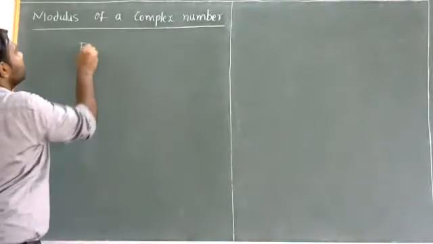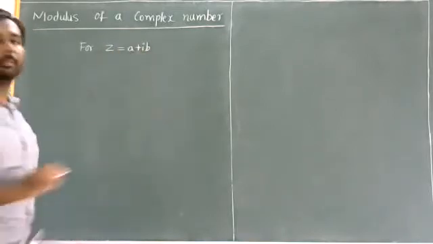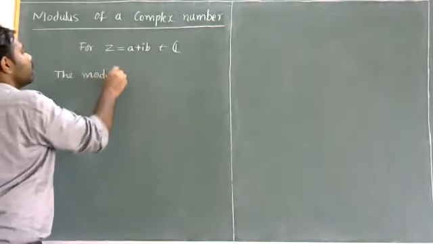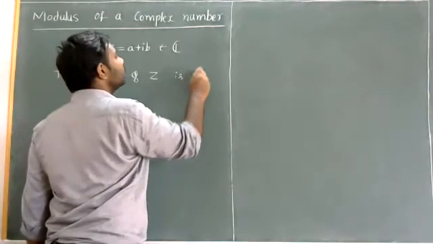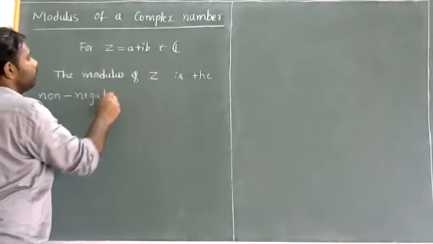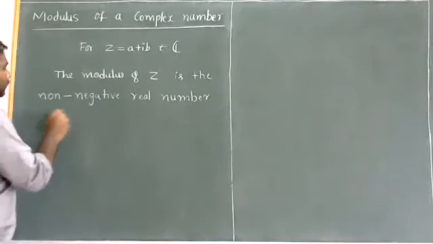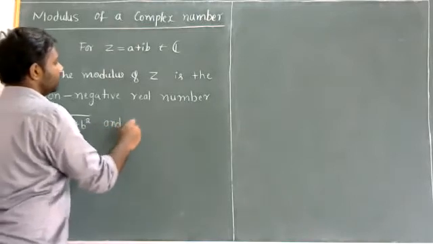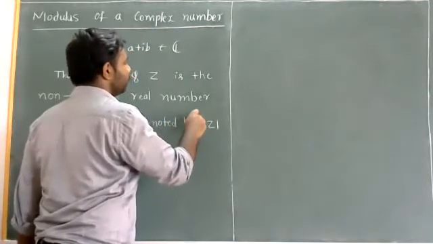For a given complex number, for any complex number z of the form a plus ib, the modulus of z is the non-negative real number which is the square root of a square plus b square, and is denoted by this symbol.